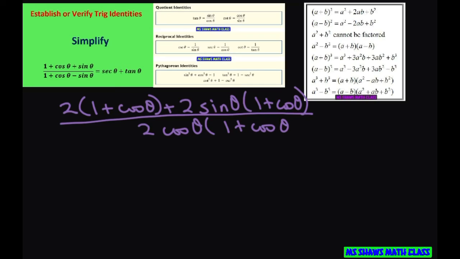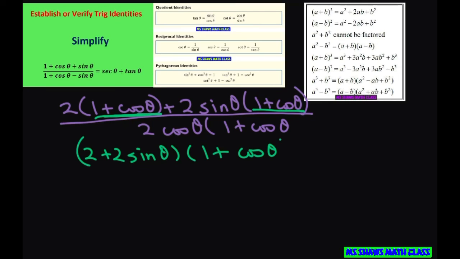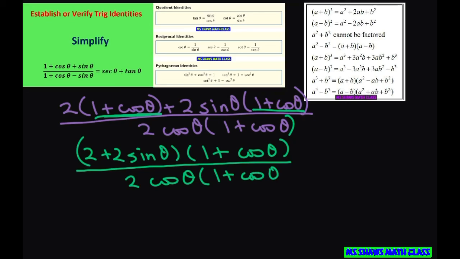The next thing we want to do is factor by grouping. These two are the same, so I can write this as 2 plus 2 sine of theta times 1 plus cosine of theta. And then we still have our denominator, 2 cosine of theta times 1 plus cosine of theta.